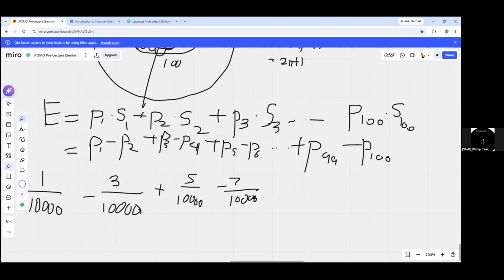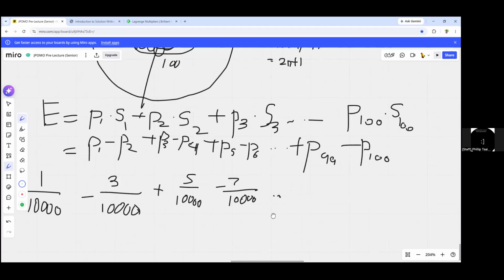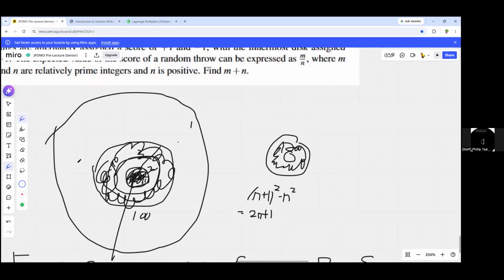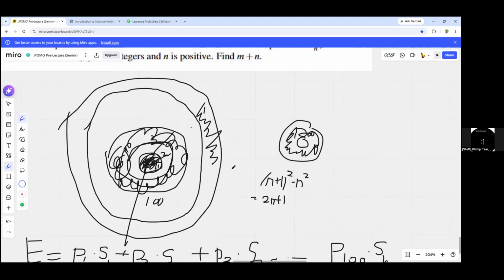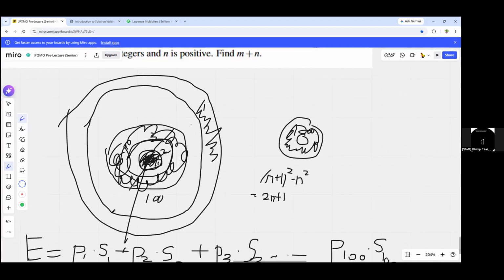All the way until we go to, well, when does this end? Well, in the 99th circle, sorry, it's definitely not to scale. But anyways, for this last region here, it's a difference between the areas of circle 99 and circle 100, right?